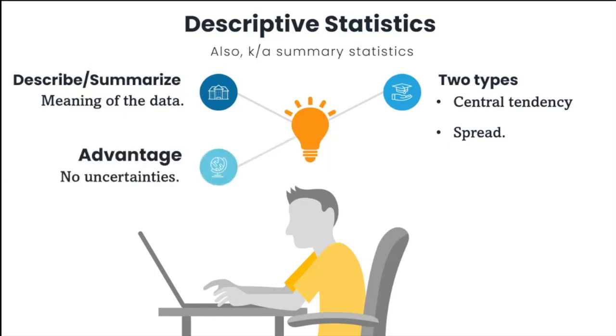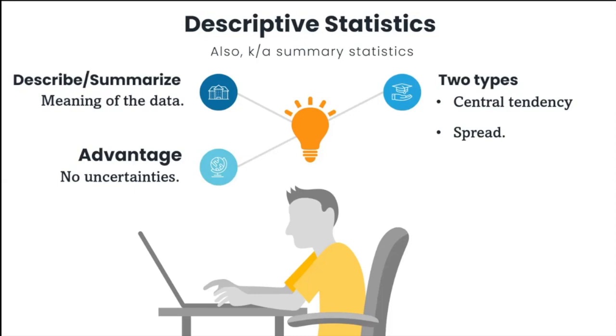And like we discussed, there is no uncertainty in descriptive statistics, because uncertainty exists in inferential statistics when you tell about the population parameter. In descriptive statistics, you only define the sample characteristics or the sample statistics. That's why there is no uncertainty.